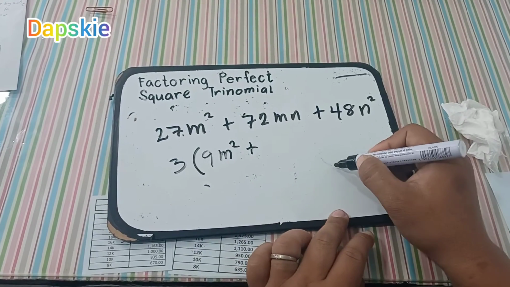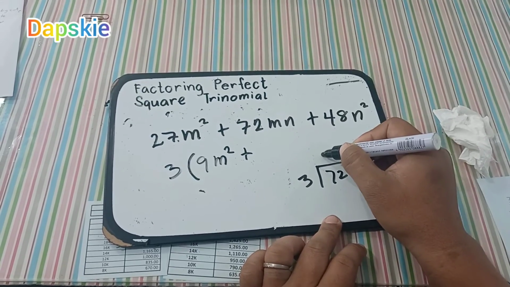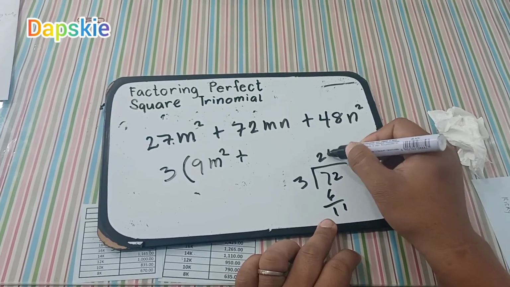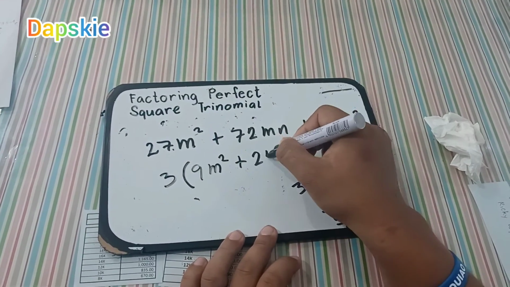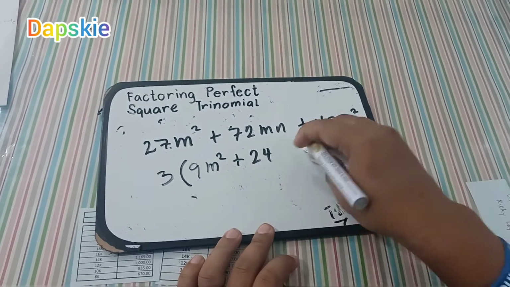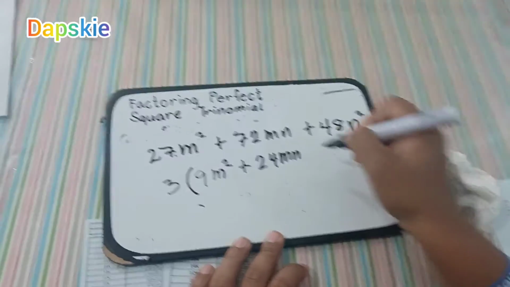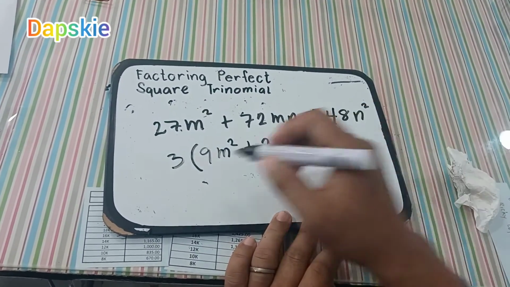Copy the variables mn, plus 48 divided by 3.